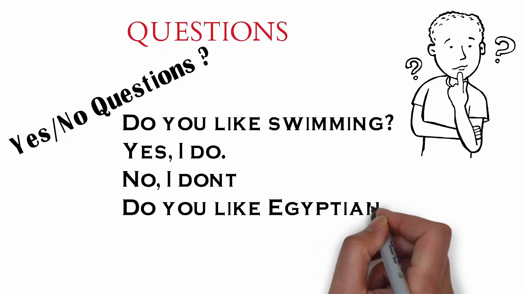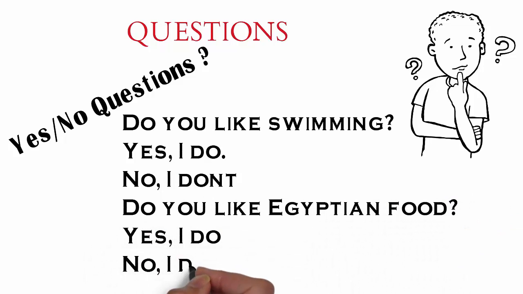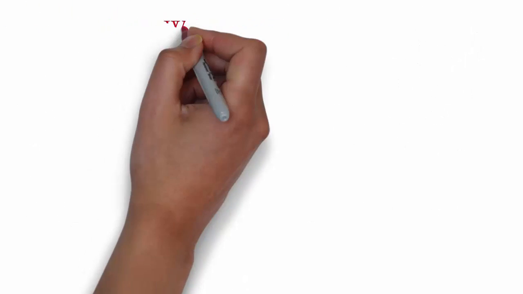Do you like Egyptian food? Yes, I do. No, I don't. So you should start your question with do, and the answer is do or don't. It's easy, okay? You can try some examples yourself. You can say, do you like football? Yes, I do. No, I don't.